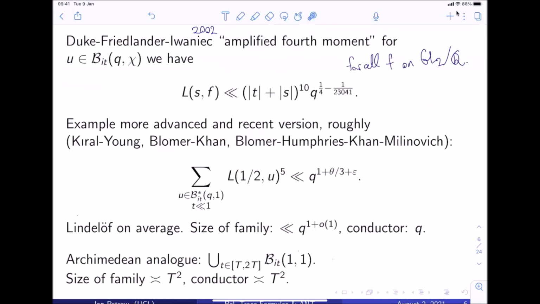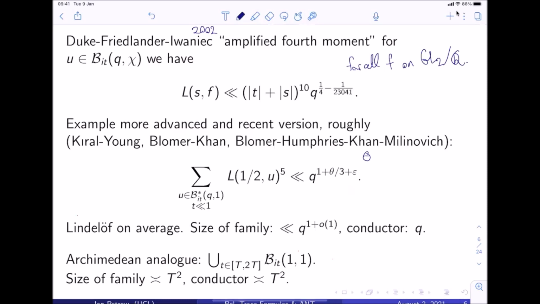So they were able to study moments of L-functions. Let's just take trivial central character in this case, and level Q. If we look at the L-functions attached to these Maass forms, with spectral parameters going up to some bounded height, say less than or equal to 100 or so, then we can go all the way up and take the fifth power of this and show that this is bounded by Q to the 1 plus theta over 3 plus epsilon.